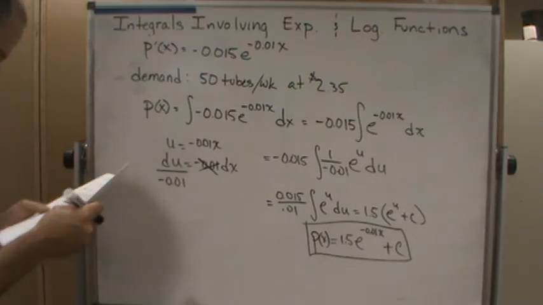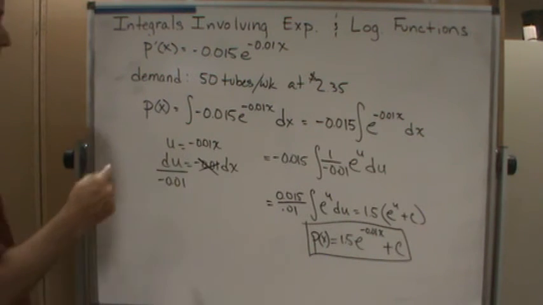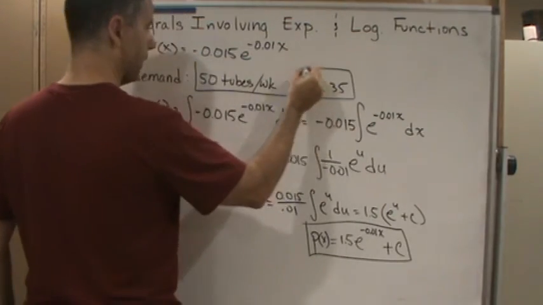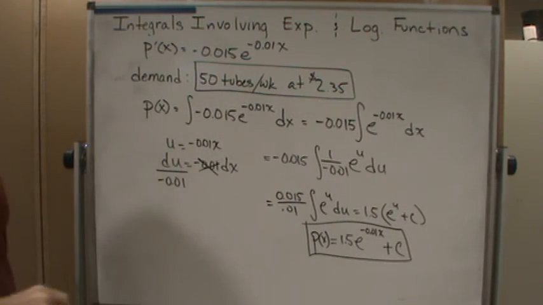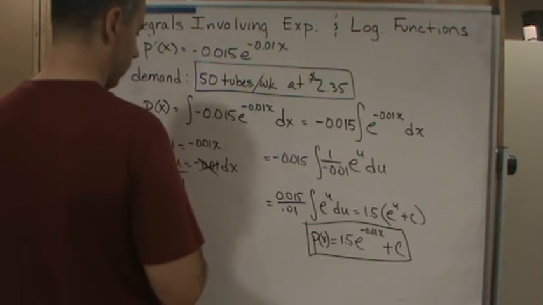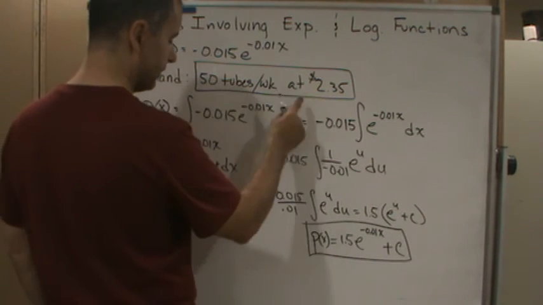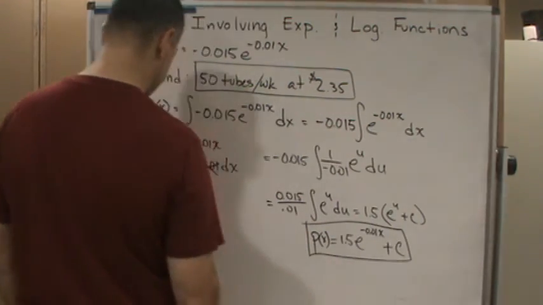Here's the information that they give us. Let's use that information to figure out what the constant is. This is an initial value problem. We're going to plug this information into this function and see what c is.